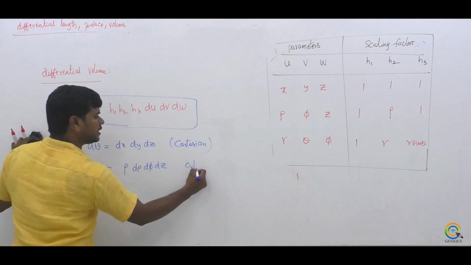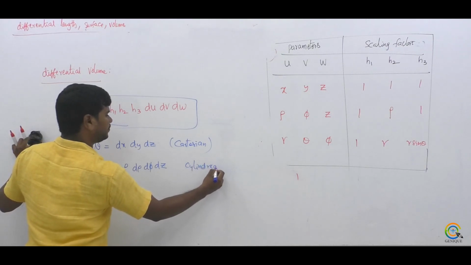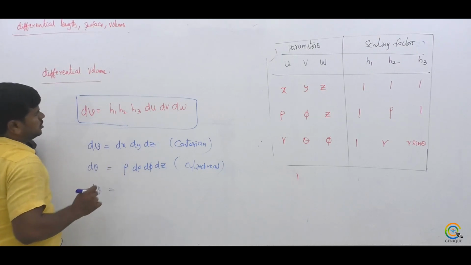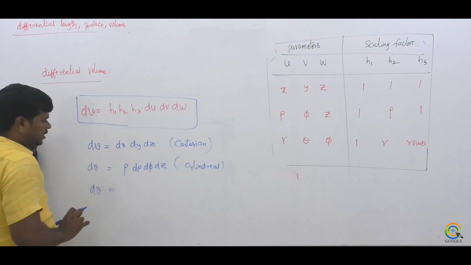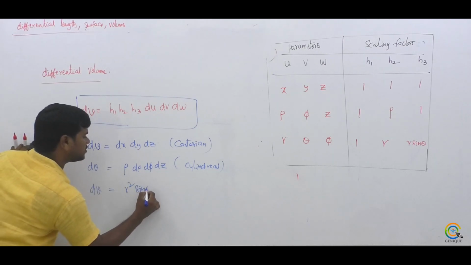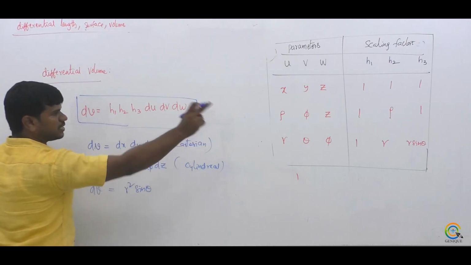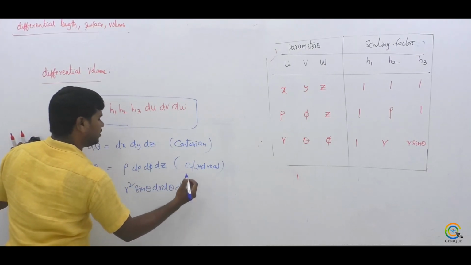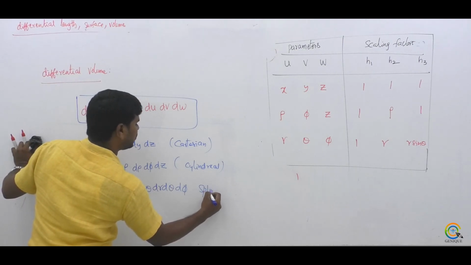This is for the cylindrical. What about dV in the spherical coordinate system? h1 h2 h3 gives r square sin theta, so dV is r square sin theta dr d theta d phi. This is in the spherical coordinate system.